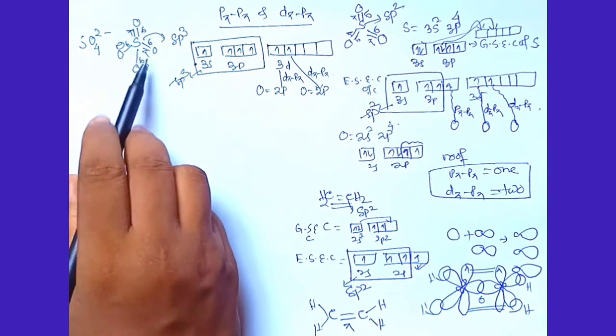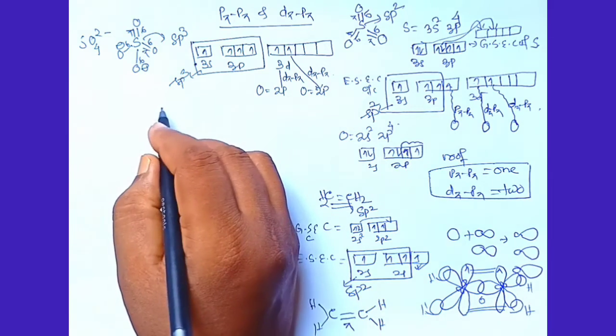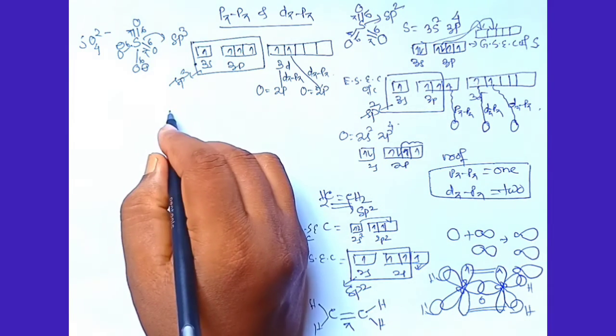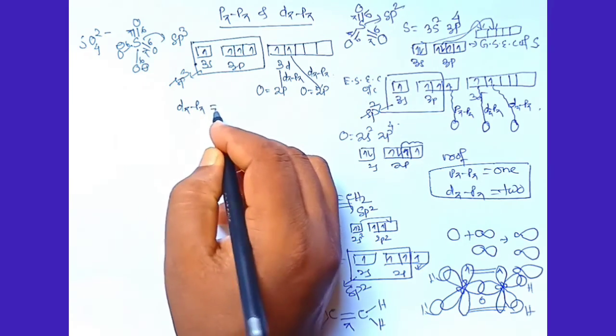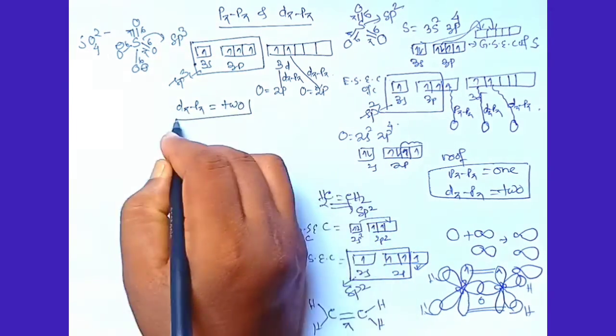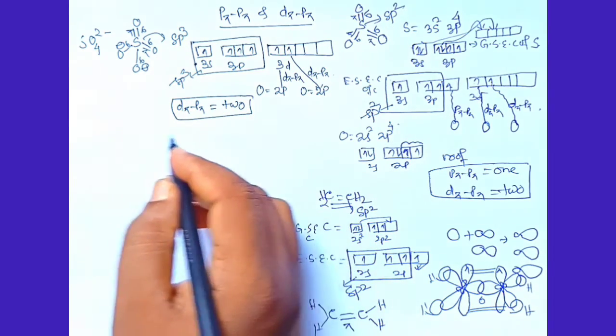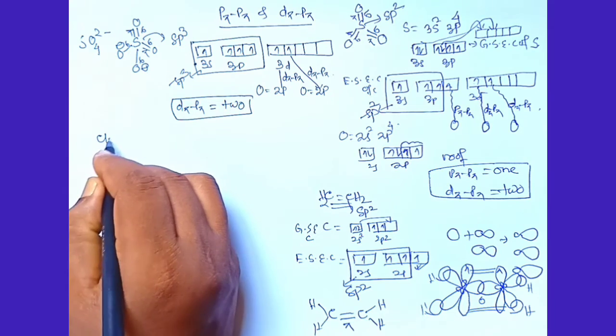Are you getting my point? By looking at the structure we can easily know there are 2 pi bonds, but we have to mention the type of the pi bonds. So the number of d pi p pi bonds present in the sulfate ion is 2.